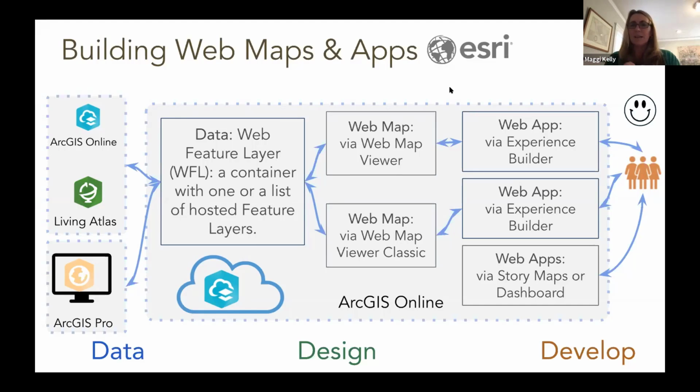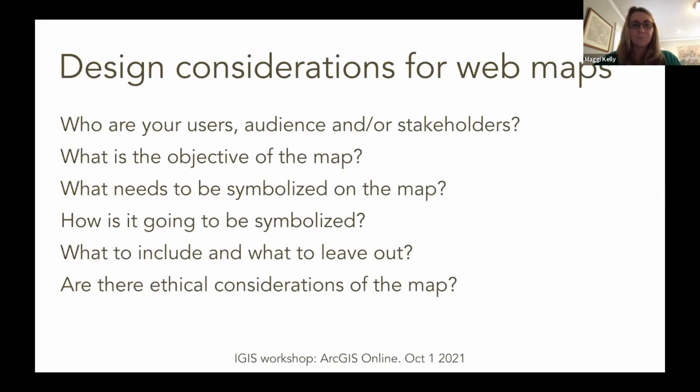Each of them has its advantages. From those web maps, you're going to create web apps. And you can do this through Experience Builder or story maps or dashboards. And then those web apps are going out to the world to make it a better place. So that's going to be the workflow that we're working with.